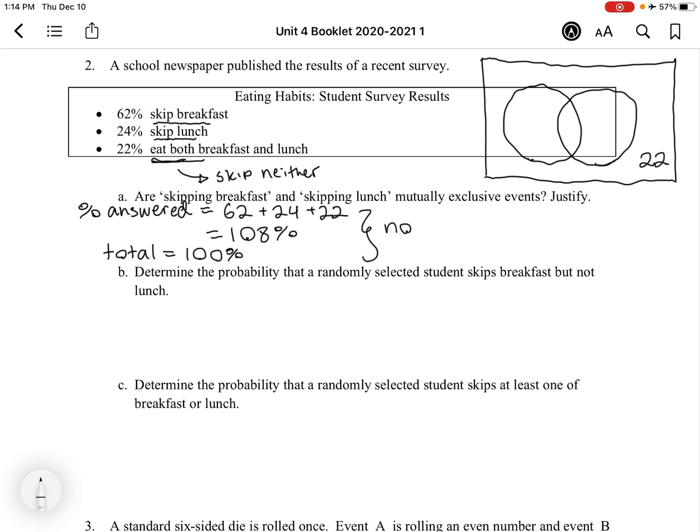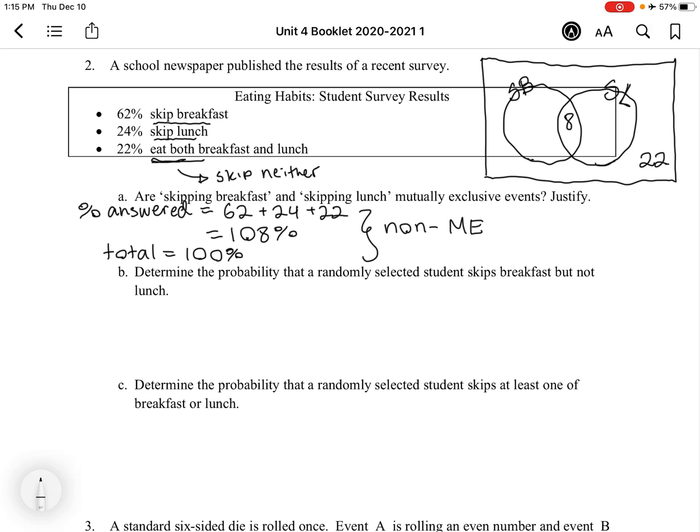Okay, that means that this is non-mutually exclusive. So I actually jumped the gun and drew this Venn diagram with overlap, but I did that correctly because 8% actually skip both. So this has to be 8. Okay, and our two bubbles here are skip breakfast and skip lunch.